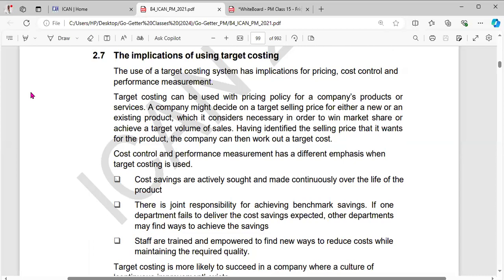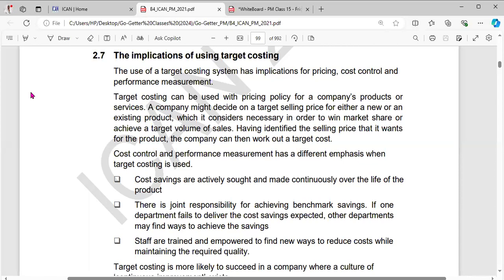A company might decide on a target selling price for either a new or an existing product, which it considers necessary. And having identified the target price that it wants for the product, the company can then work out the target cost. That's an implication.